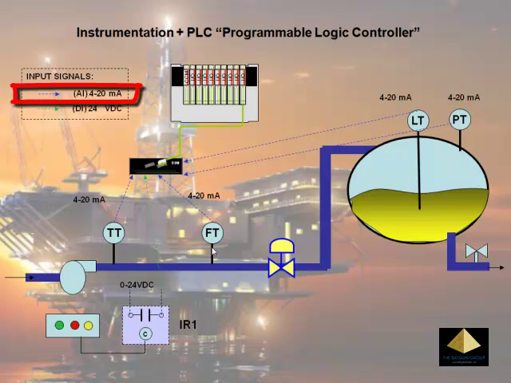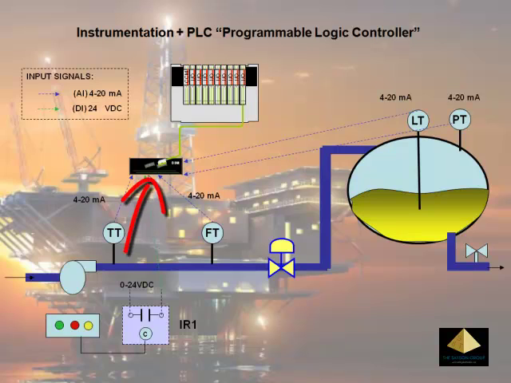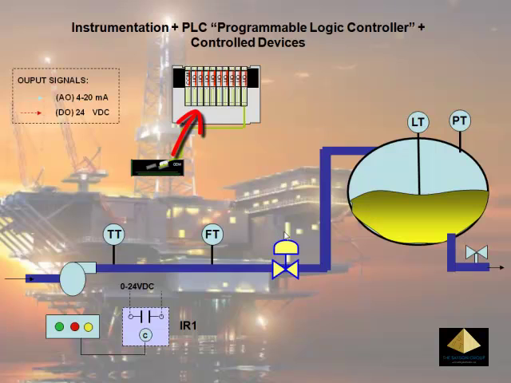So all of the input transducers, the analog inputs and the digital inputs, are going to the PLC, to their corresponding type of input modules, the analog input module and the digital input module. This time around, we will cover the output signals.